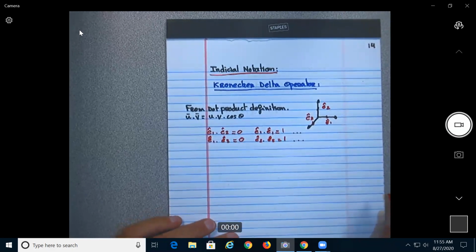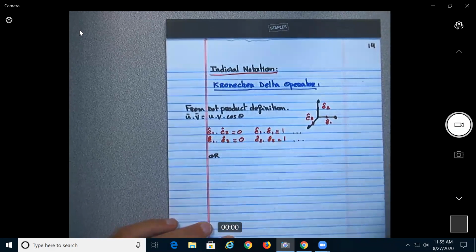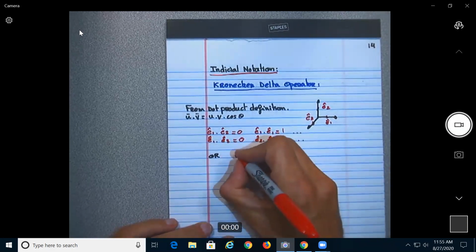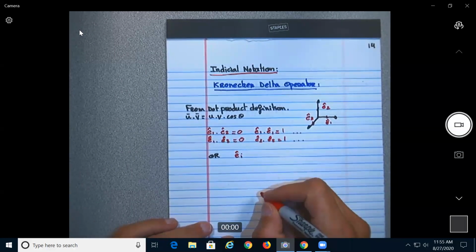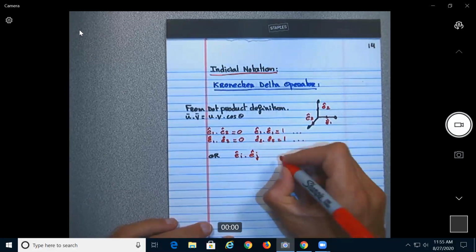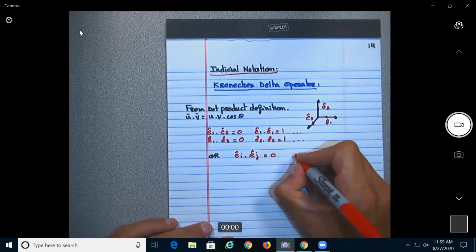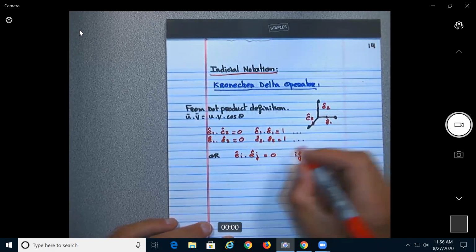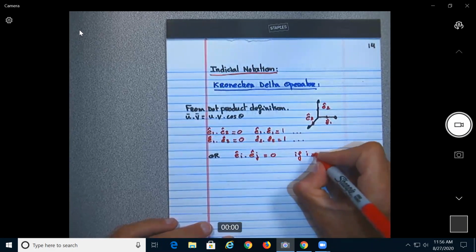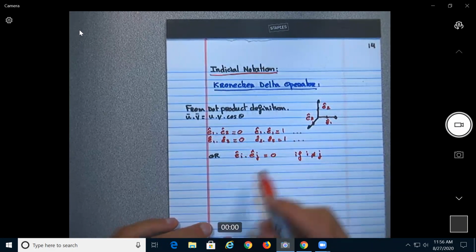So at the end, what you can find is that you could just write that E of an index i dot E of an index j will be equal to 0 if i is different than j, no? 1, 2, 1, 3, 2, 3, 3, 1, so on.